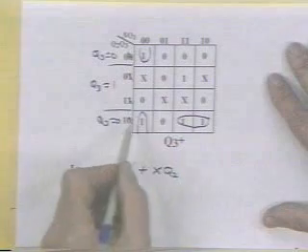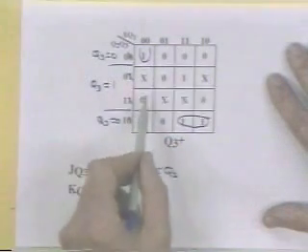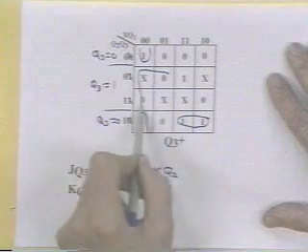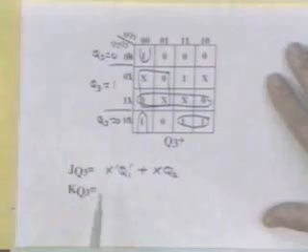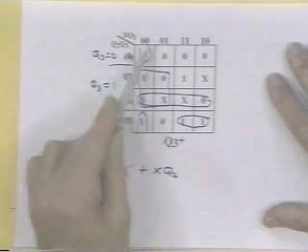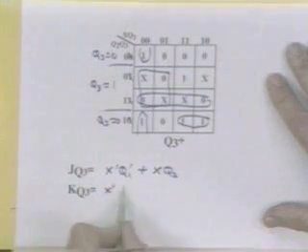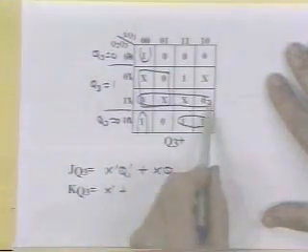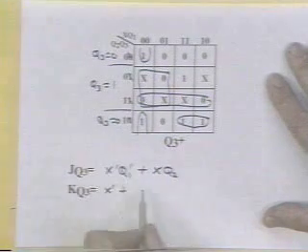And for K's, we're going to circle the zeros on the other half of the map. So we've got this group here and this group here. So that gives us X prime for the first loop. And for the row here, we have Q2.